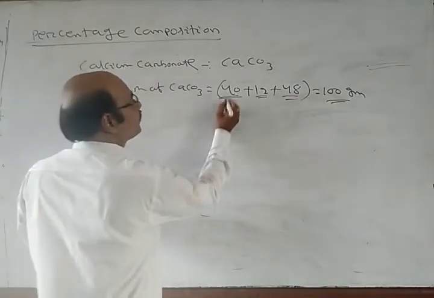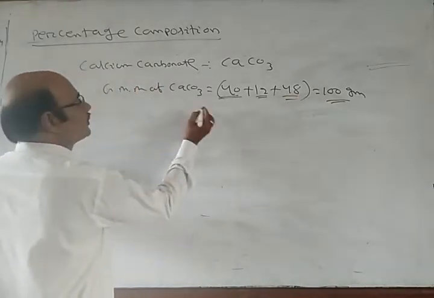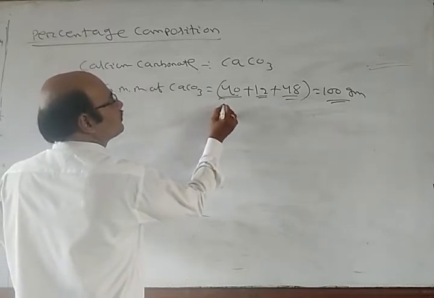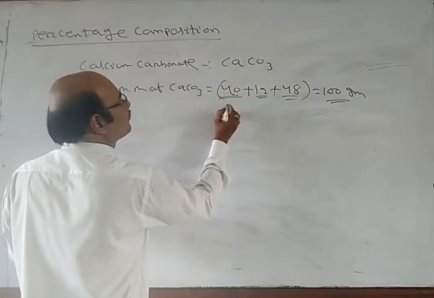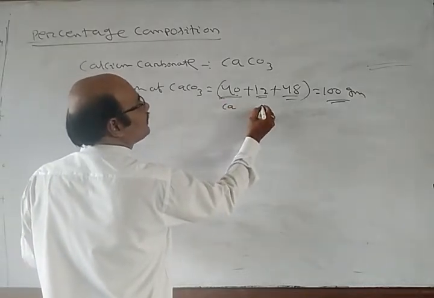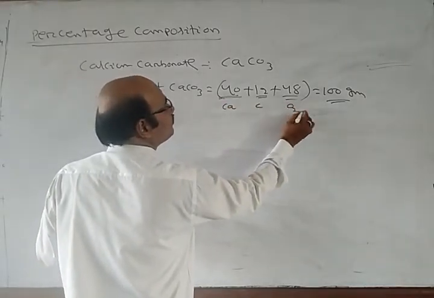Right? So here calcium equal what? 40 gram, carbon 12 gram and oxygen 48 gram.